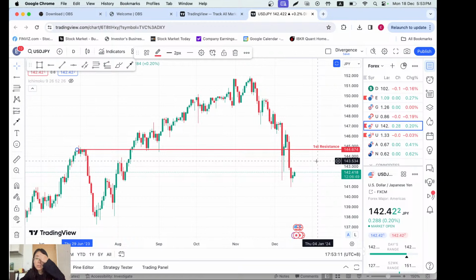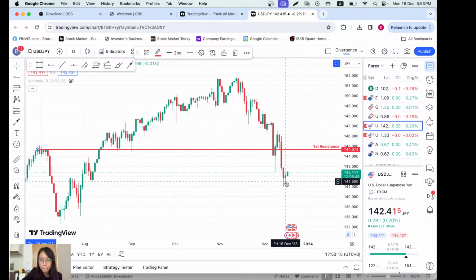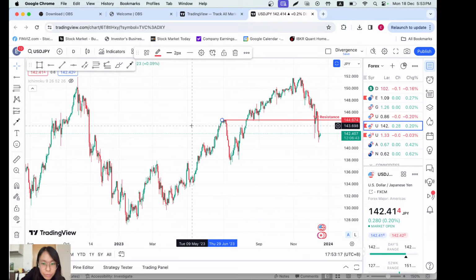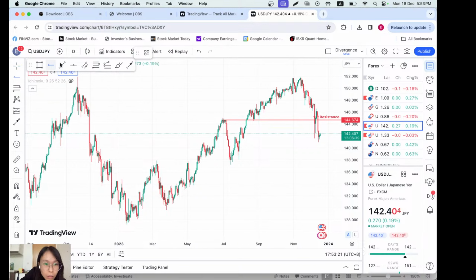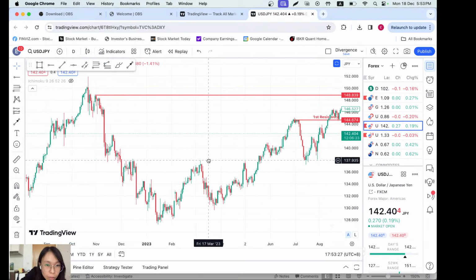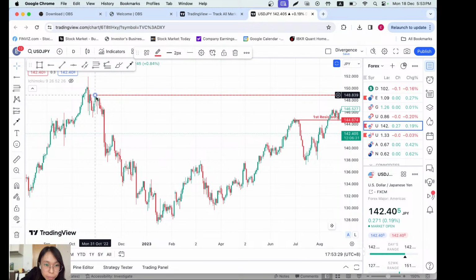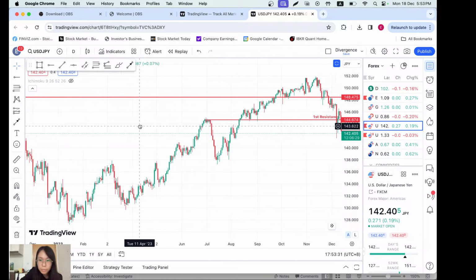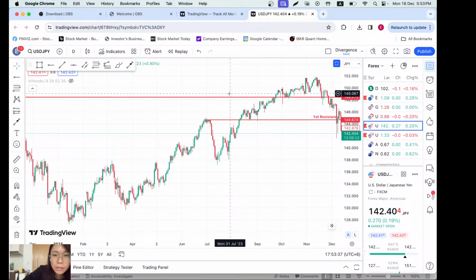So this is a very significant first resistance level. I'll be using this for my second resistance, which is an overlap resistance level.